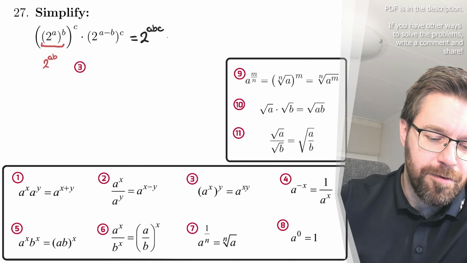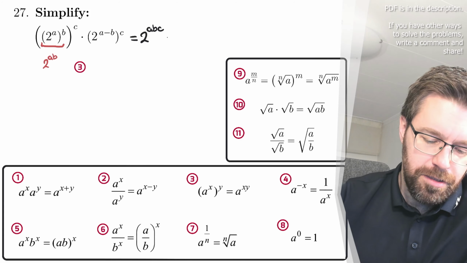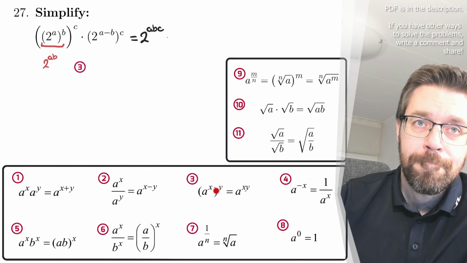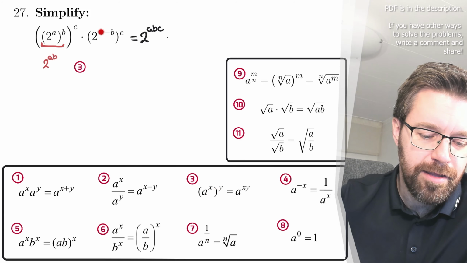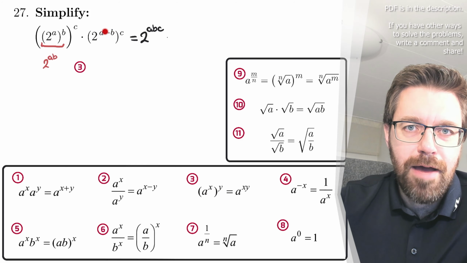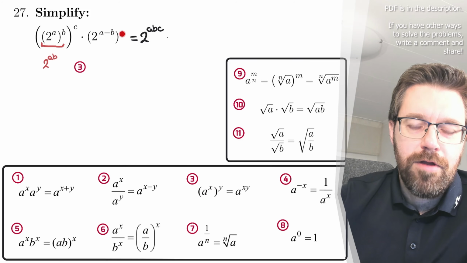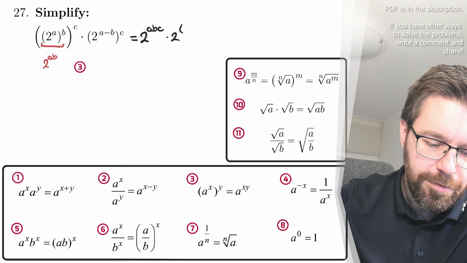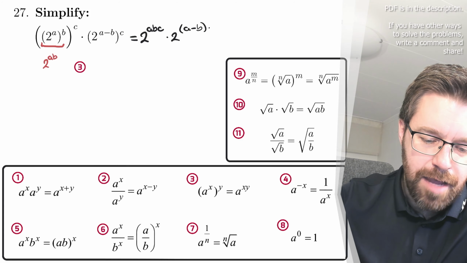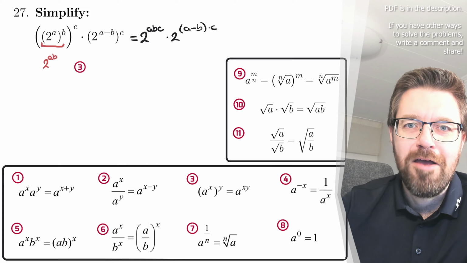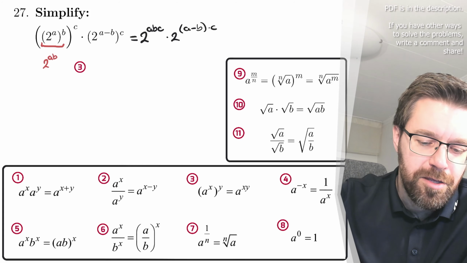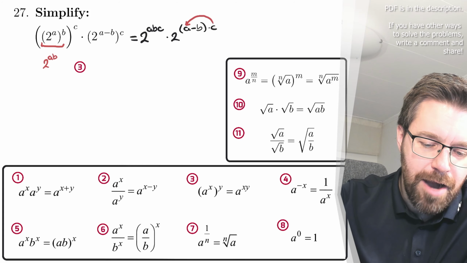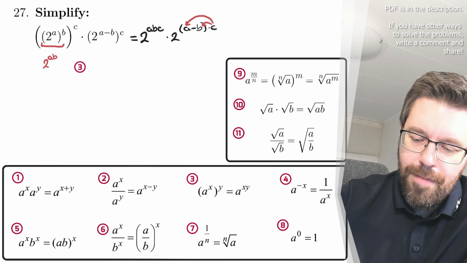So we use these rules 2 times. And the next factor, then we use this rule again, and we multiply the exponent a minus b with the exponent c. So we get 2 raised by, a parenthesis, a minus b times c. And then the only thing that we have to do is to move c into the parenthesis here and multiply.